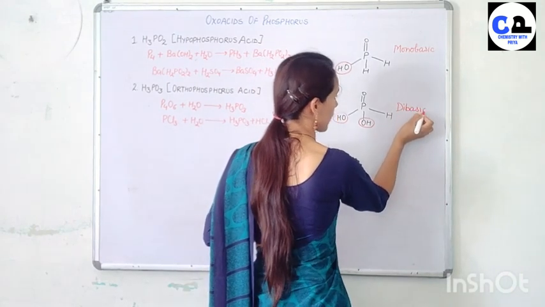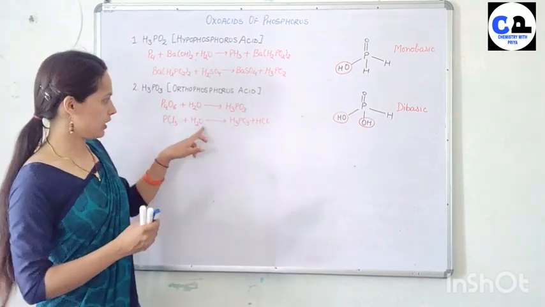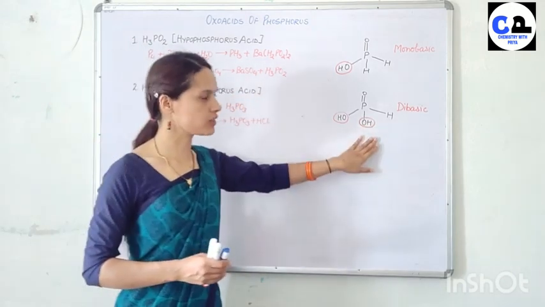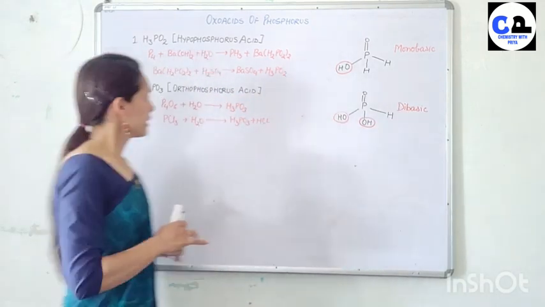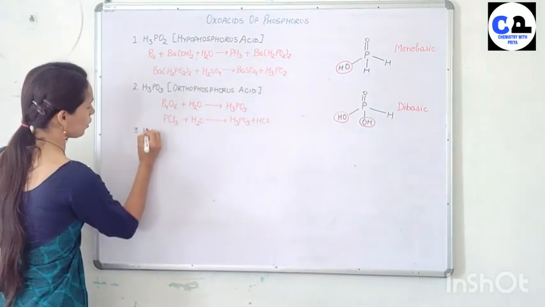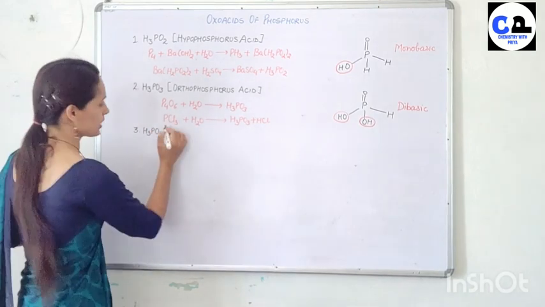Therefore, it is dibasic. So by these two reactions, we can prepare orthophosphorus acid, and by structure, we get to know that it is a dibasic acid.